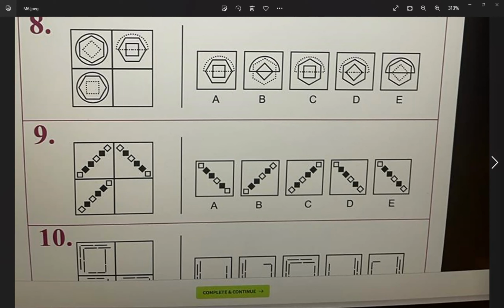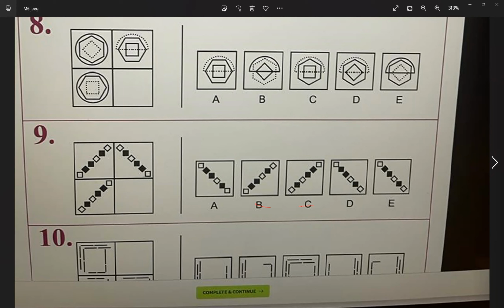You can already eliminate B and C because they're pointing the exact same way as the first thing, and it's a mirror, so it's not that. Now onto shapes.